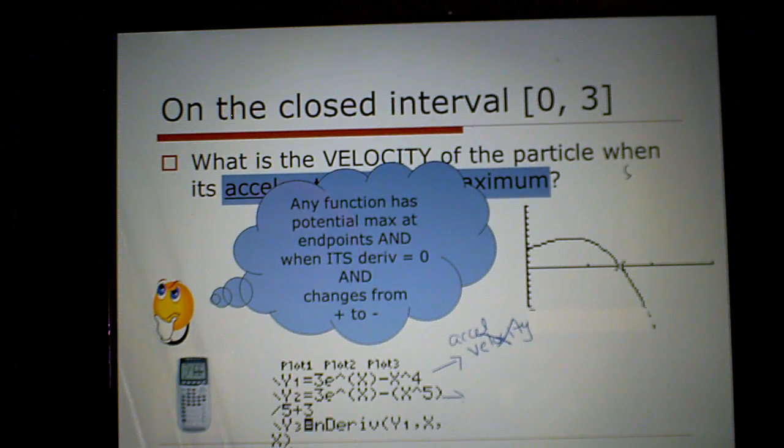Now I did put the velocity in here as y1, but notice what I'm taking the derivative of. What am I graphing the derivative of? I'm graphing the derivative of what's in y1. So what am I looking at?